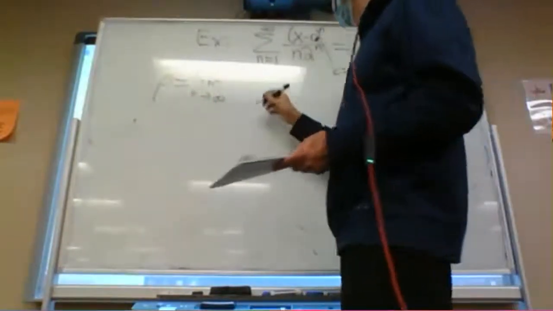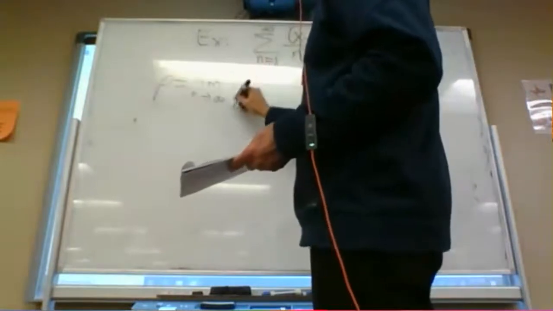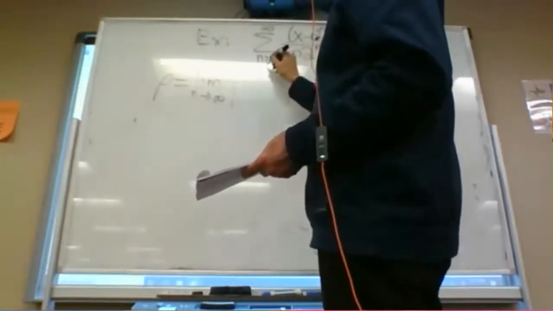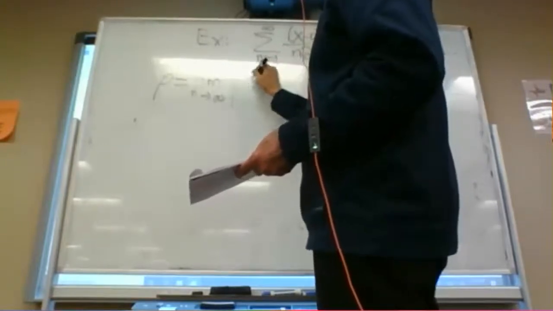So usually to find the radius of convergence on these, you use the ratio test and you say rho is the limit as n goes to infinity of the ratio of successive terms, and you just leave x variable.